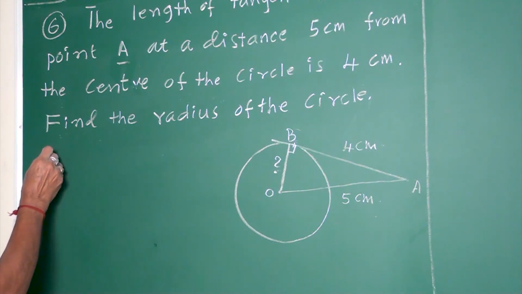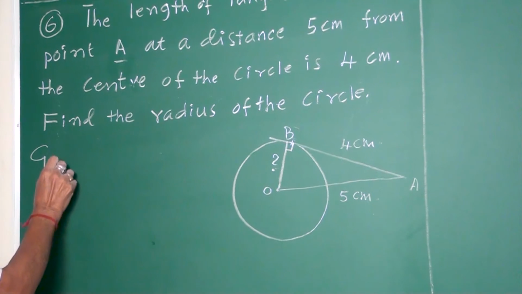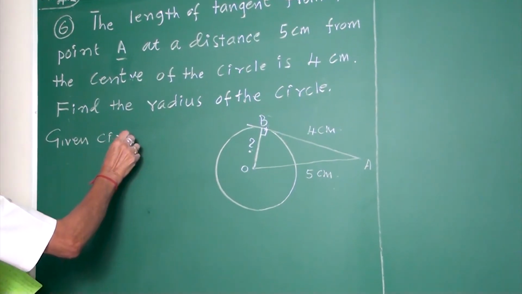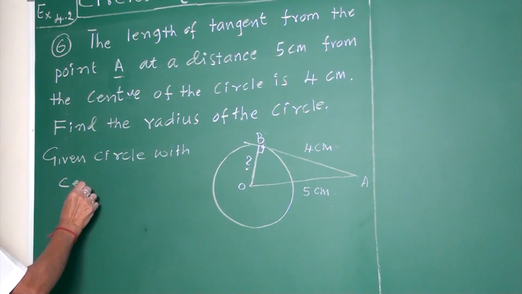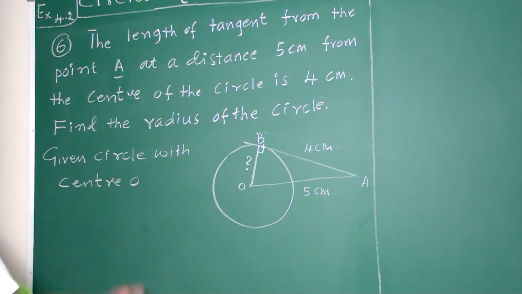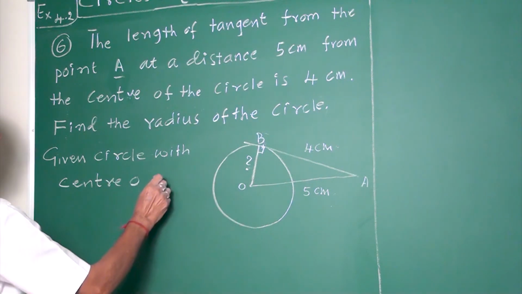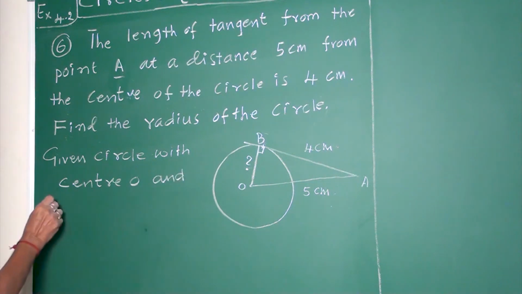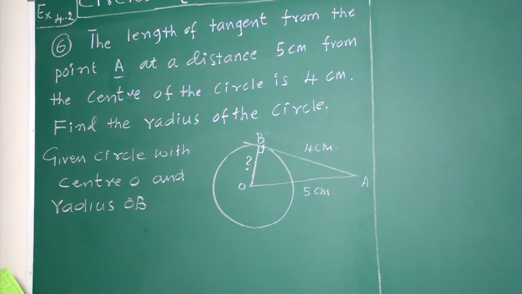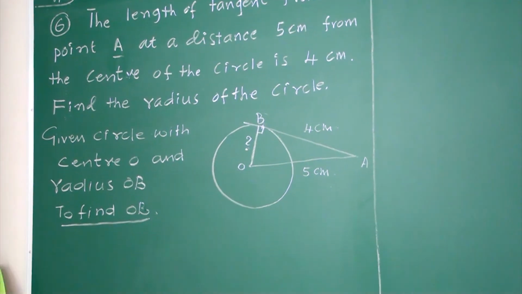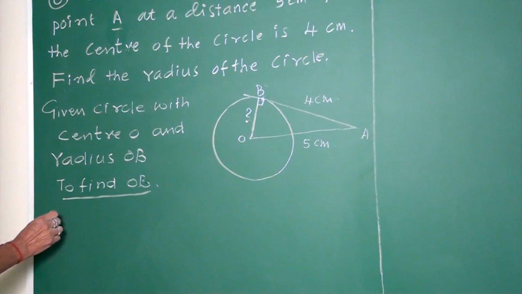Given circle with center O and radius OB. We want to find the value of OB. For this, what is given?